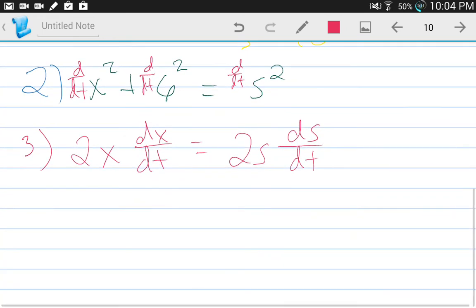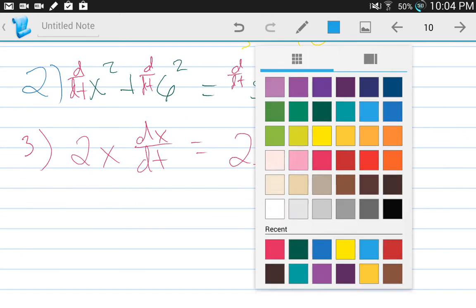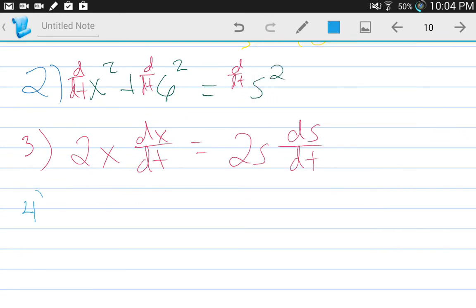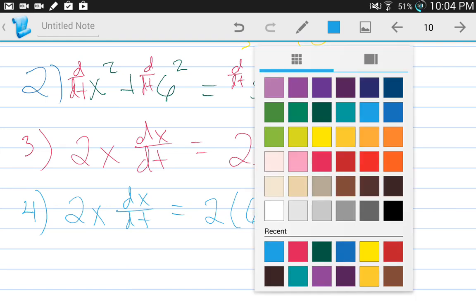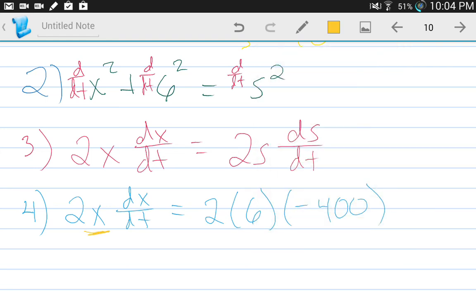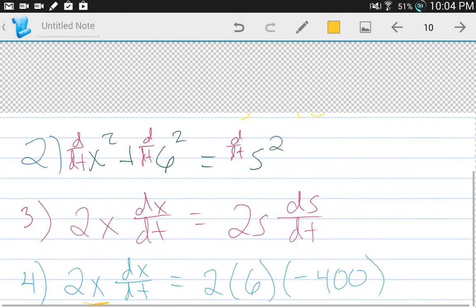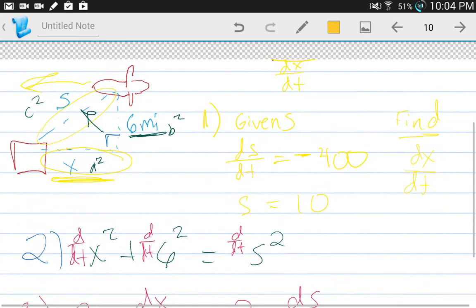And now we can plug in our givens, which will be 2x dx over dt equals 2 times 6 times negative 400. Now, we ran into a problem, right? How can we solve for dx dt if we still have an x? Well, we can't. So let's go back and see if there's anywhere where we can figure out x.